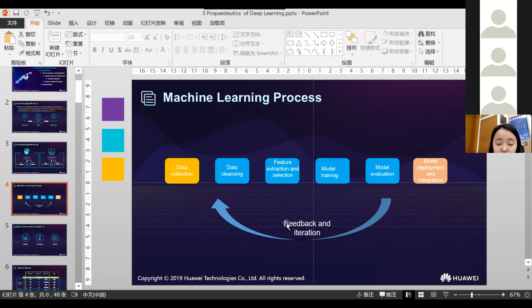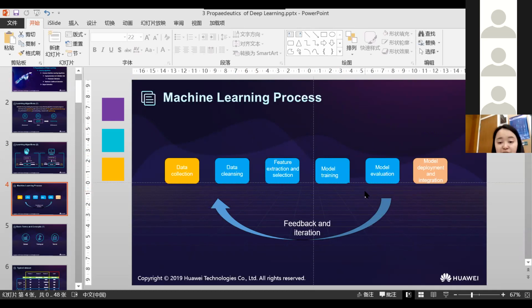And then after that, that is the data pre-processing process, and then we can start training the model. So here's model training, and the step after model training: if you are satisfied with the accuracy, with the performance of the model on the training data set, then we come to the next step, model evaluation.